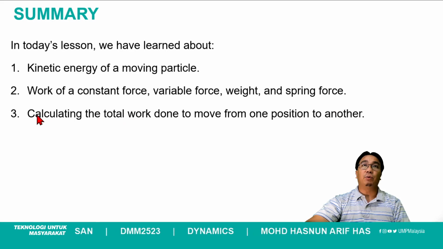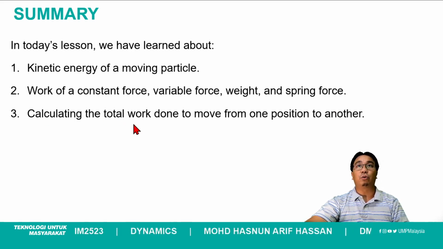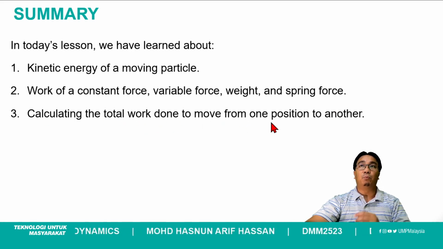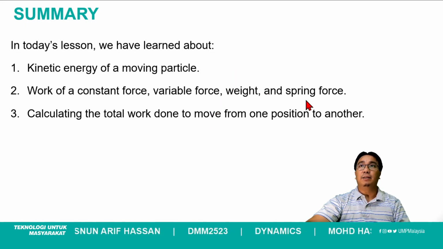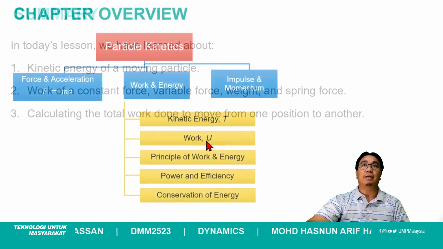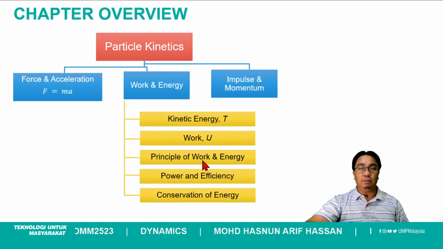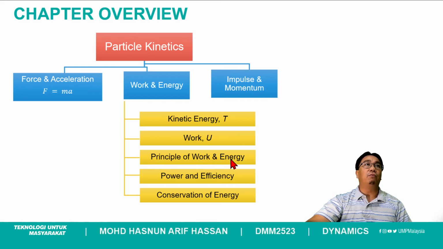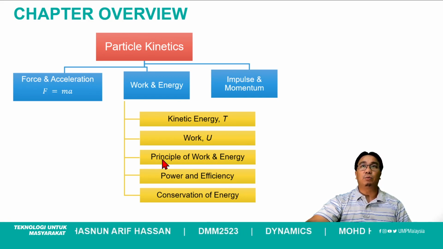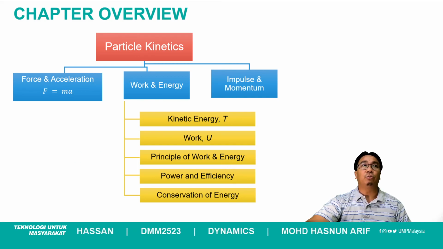And finally, we did some calculation of total work done to move from one position to another. Okay, so that will be the end of today's class. In the next class, on Wednesday, we will cover the principle of work and energy. This will be the subchapter that we are going to cover on Wednesday.